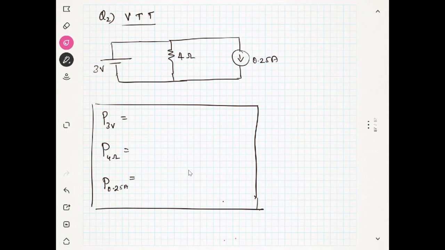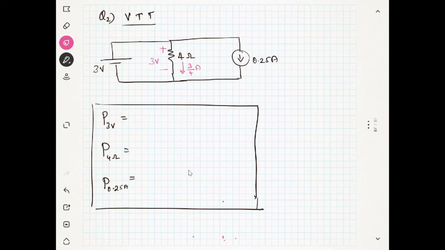So the current source means its voltage can be any value. It will depend upon other things in the circuit. So we will first focus on the voltage source. According to that, the voltage across this is also 3 volt. So what will be the current here? The current will go from positive to negative. So the current will be 3 by 4 ampere.